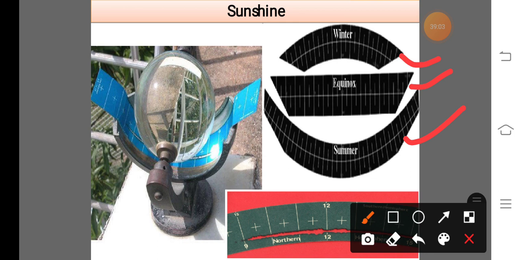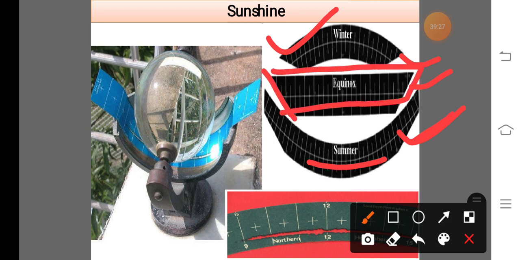When days are shorter, that means in the winter season, the winter card is used. When days are longer than nights, that means in the summer season, the summer card is used. And when day and night are equal, the straight card or equinox card is used. Equinox means day and night are equal.